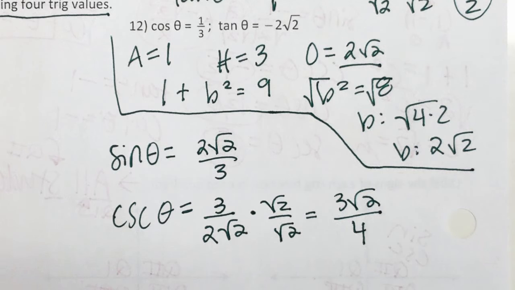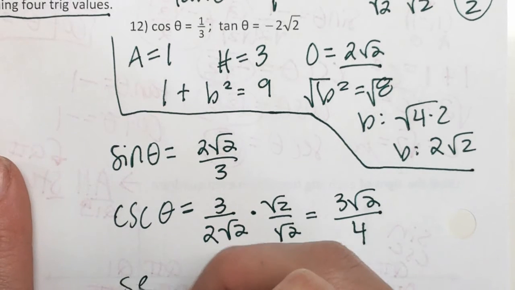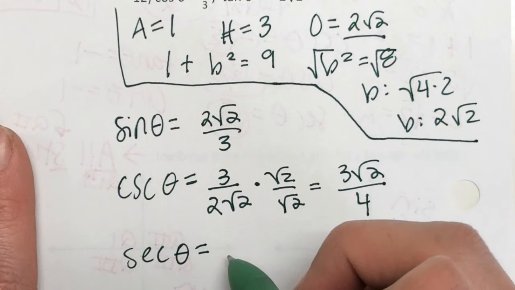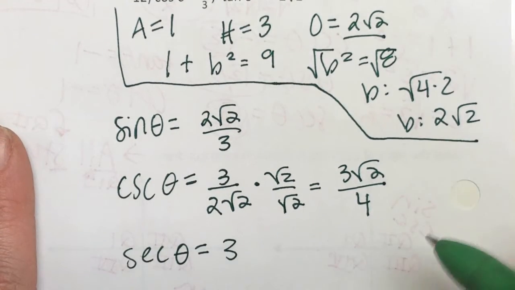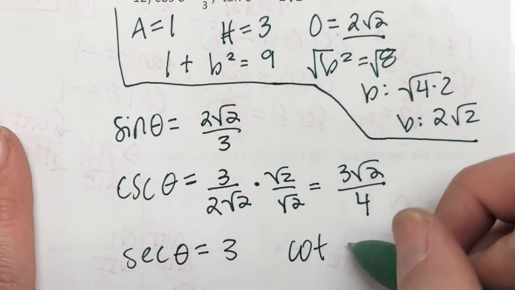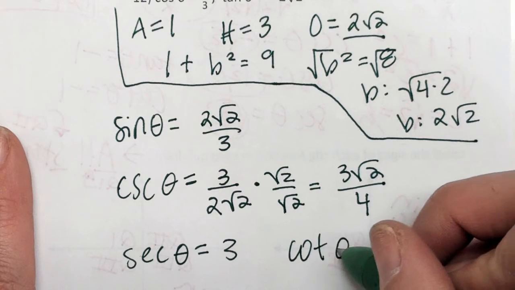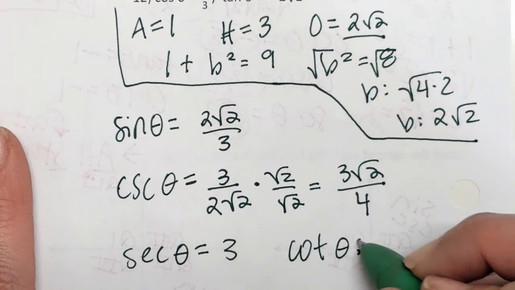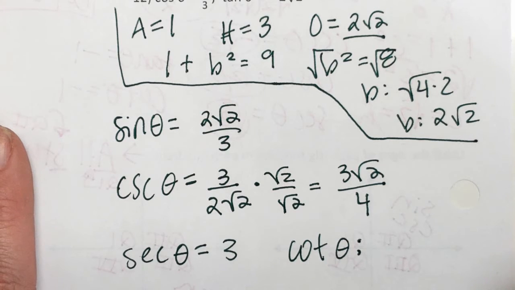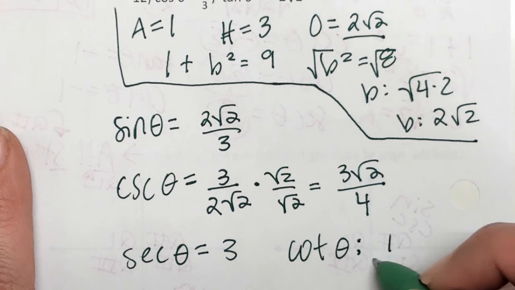Alright, give me another one we're missing. Secant, so that would be the opposite of which one? So it'd be, good. And then what's the last one we're missing? And it's the opposite of? Tangent. Okay, so tell me how to flip-flop it first. 1 over what?